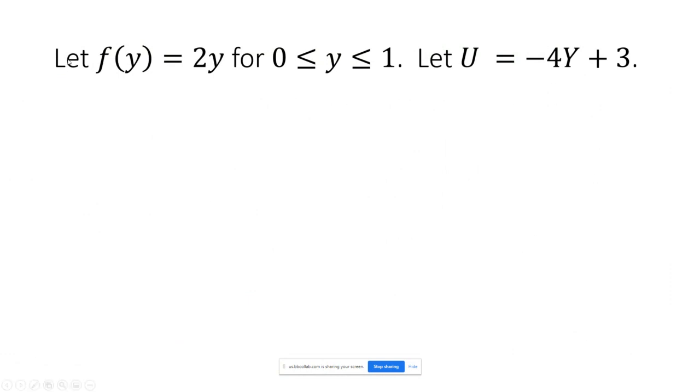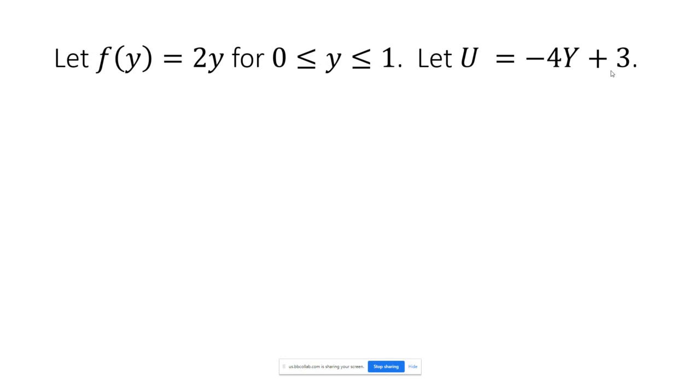So now let's try it with the same density function, f of y equals 2y, for y between 0 and 1. But this time we'll let u equal -4y plus 3. So first of all, can we use the method of transformations here?